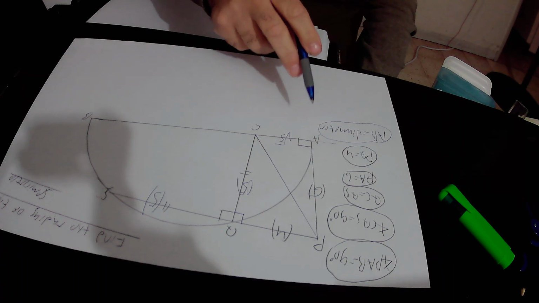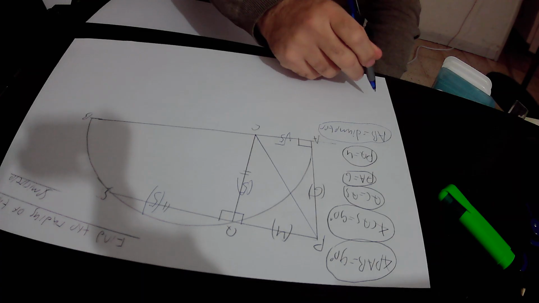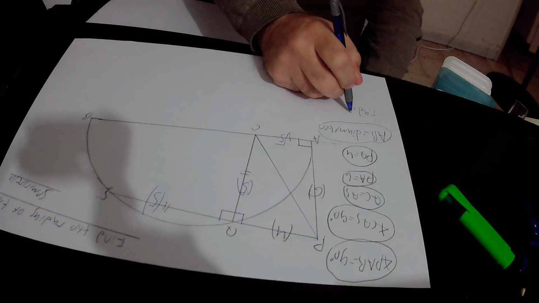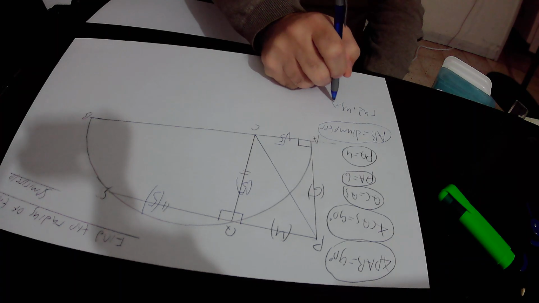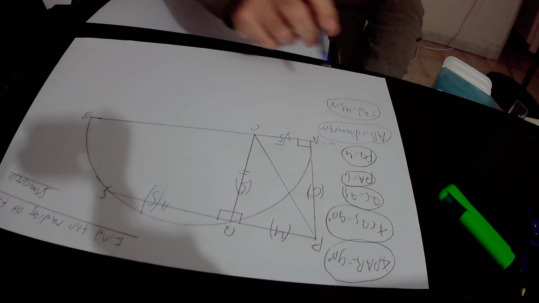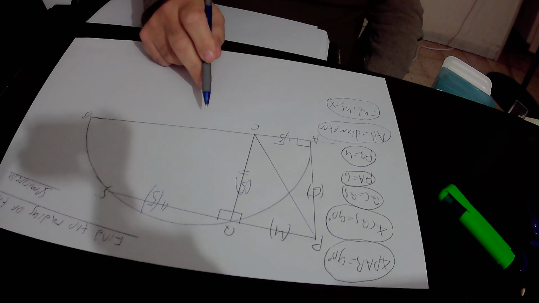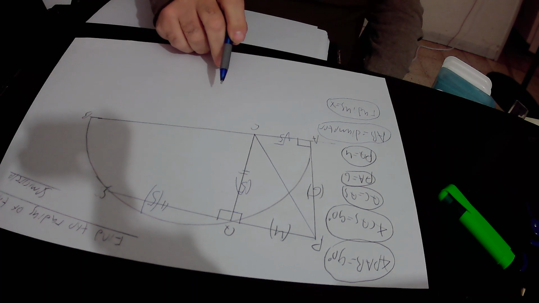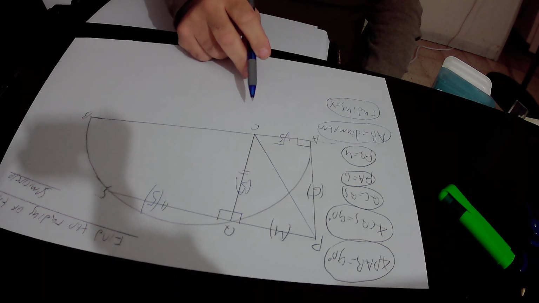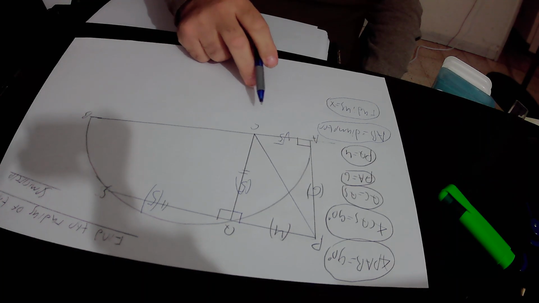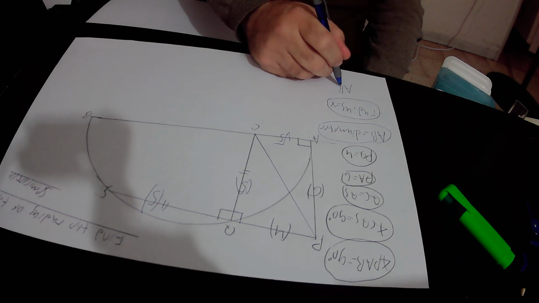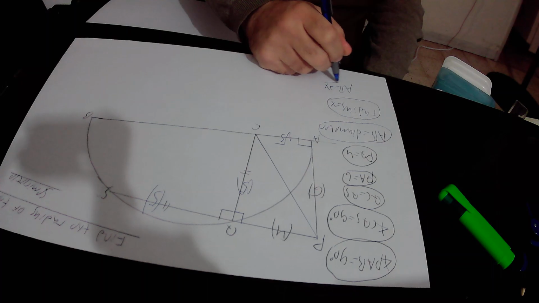If we define the radius of this semicircle as x, the radius equals x according to our definition. I remind you that the radius of this semicircle is the radius that we are looking for. So if the radius is x, then the diameter AB must be equal to 2x. So write it down here, AB equals 2x.